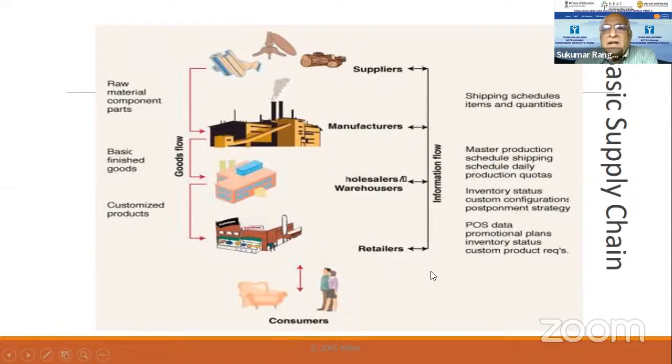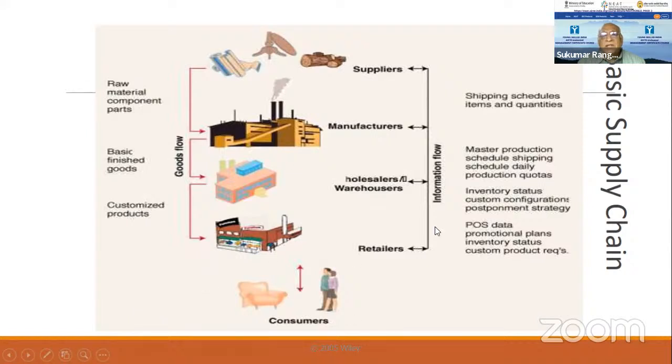And there is an information flow across this whole thing. For the customer, it is only that he has placed the order to this guy, here to here. But there is the entire system of flow of information which ensures that all these happen: customer product requirement, inventory status, point of sales data, etc., master production schedule, everything happens backward.